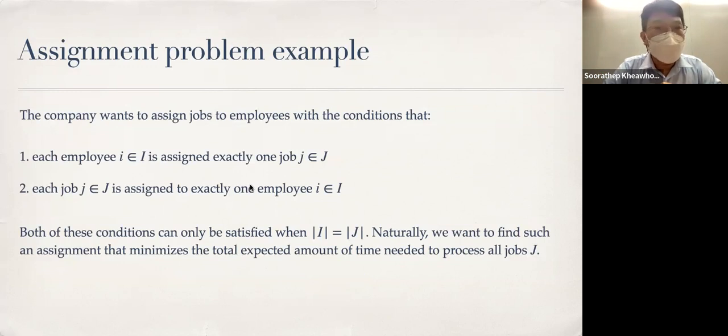What is the objective of the company? Yeah, minimize the total time, right? And what about the decision variable? Decision variables.